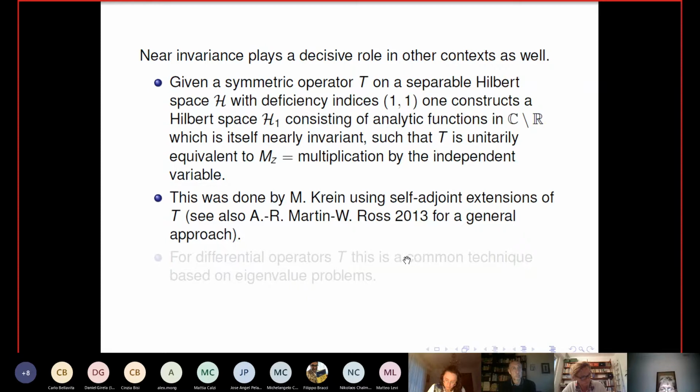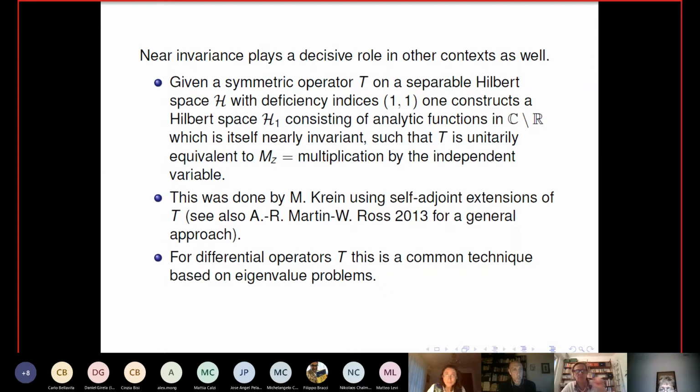But now, if you think in terms of Schrödinger or other linear differential operators with deficiency indices 1, 1, then this is quite a common technique. People solve eigenvalue problems and then they establish, with the help of those solutions, the unitary equivalence between T and multiplication by z.